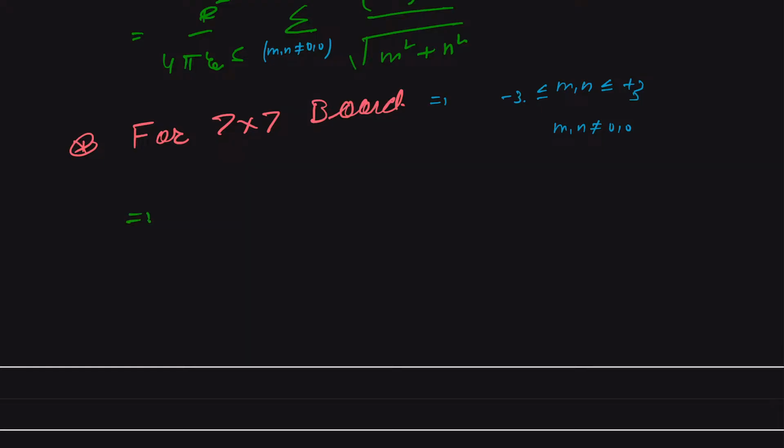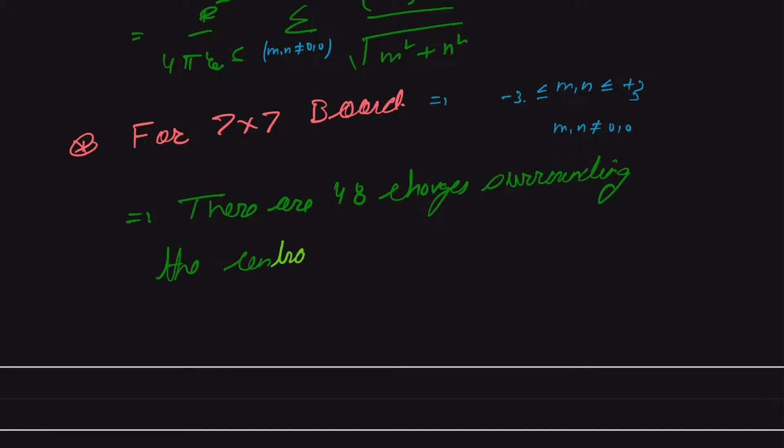Therefore from here we can say that there are 48 charges surrounding the central one. And because this is a symmetric board, we can say they are all at the same distance and contribute equally.